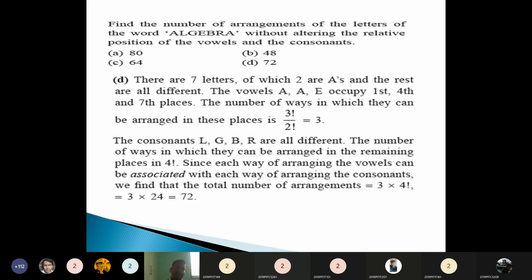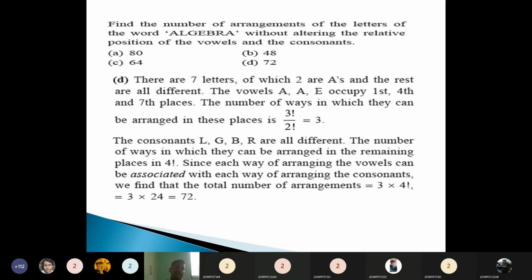The number of ways they can be arranged is 3 factorial divided by 2 factorial. How many vowels are there? 3 vowels, so 3 factorial ways they can be arranged among themselves. But 2 vowels are the same, so for the repeated object we divide by 2 factorial.